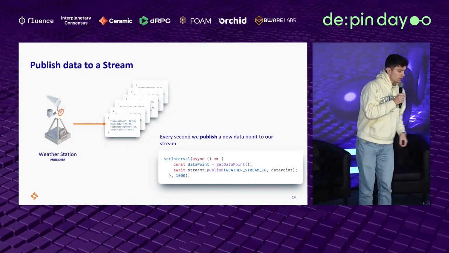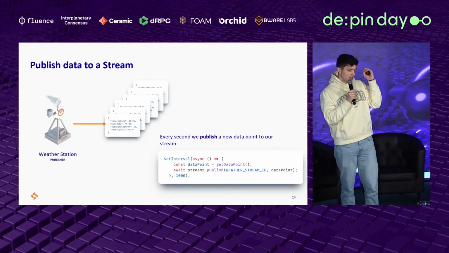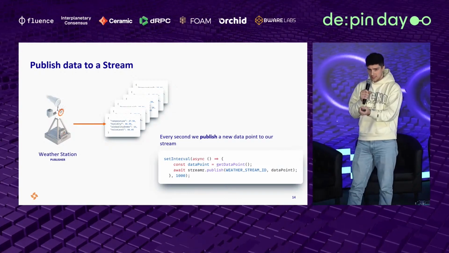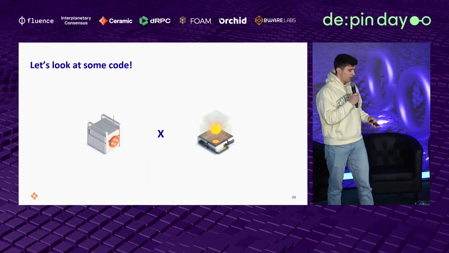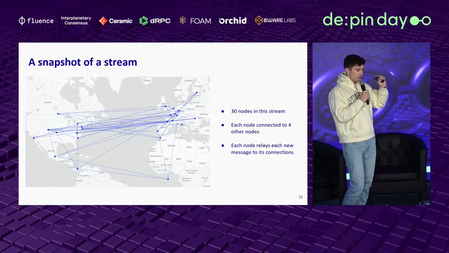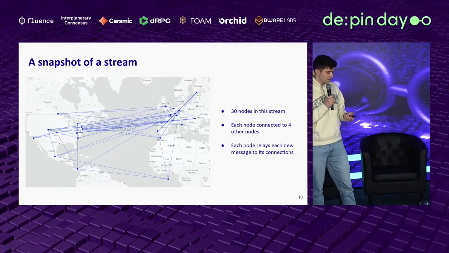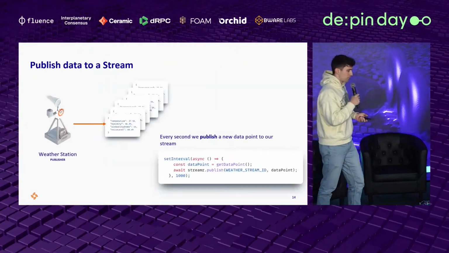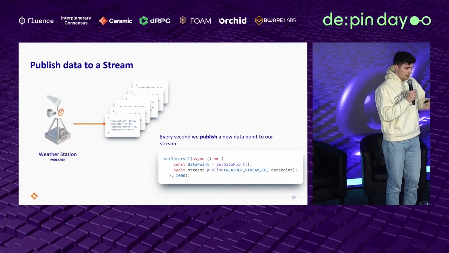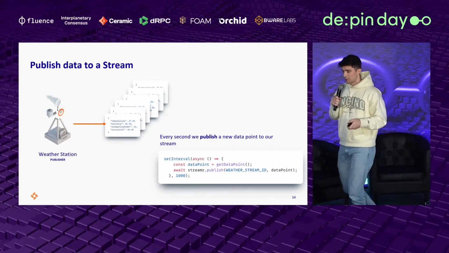And you see also here this weather stream ID. So this weather stream ID is the specific ID for this specific topology that I showed earlier, right? Like this topology over here, right? We know exactly, okay, I'm going to publish a message to this topology or another one, right? And there you go, and then you send the data. So you send every second, there's data coming in, right?